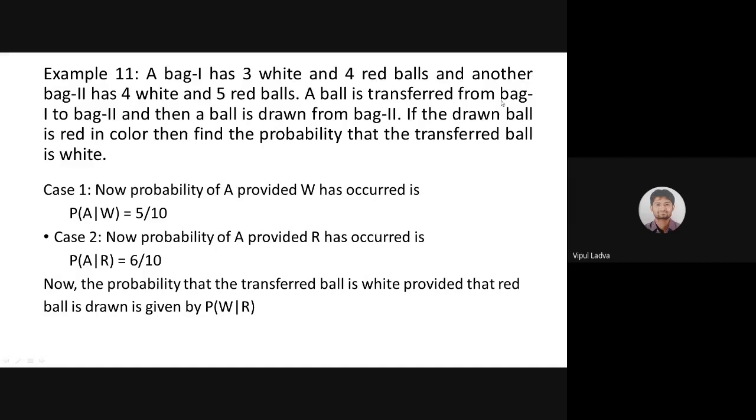Observe here. If the drawn ball is red in color, then find the probability that the transferred ball is white. So we are finding the probability of W under the condition that the selected ball from bag 2 is red. So we are looking for P of W over R, and as we discussed earlier, W is one of our mutually exclusive and exhaustive events.